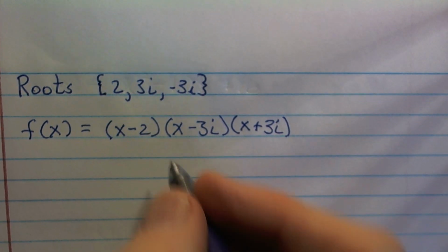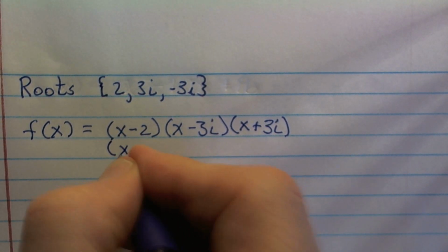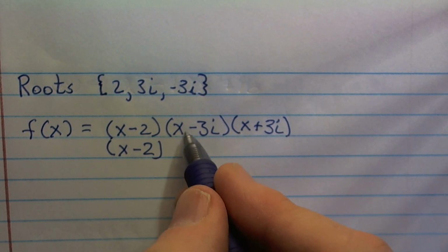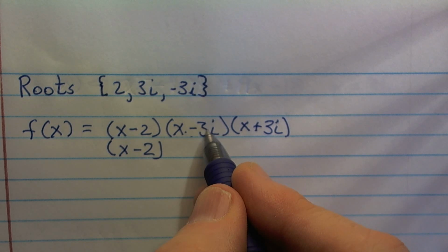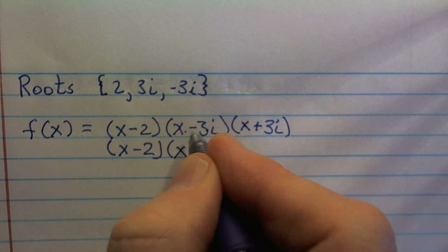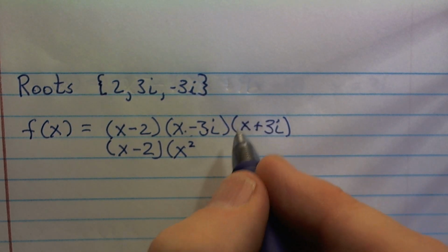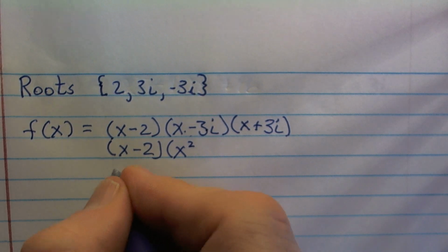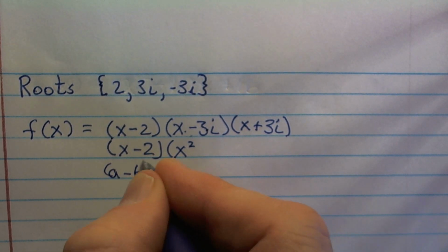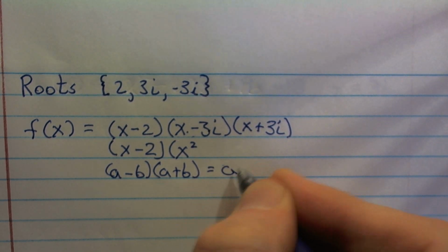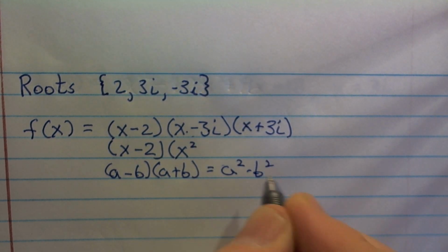Now I just multiply this all out. So let's see what we've got. We've got x minus 2. If I multiply this out, notice this is x minus 3i, x plus 3i. Well, this is a difference of squares, right? Where if we do a minus b times a plus b, we get a squared minus b squared when we multiply all that out.